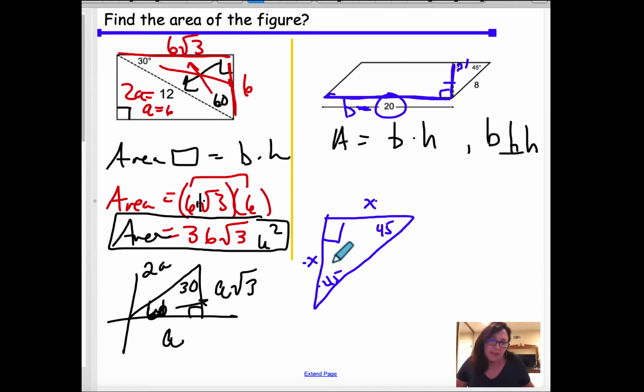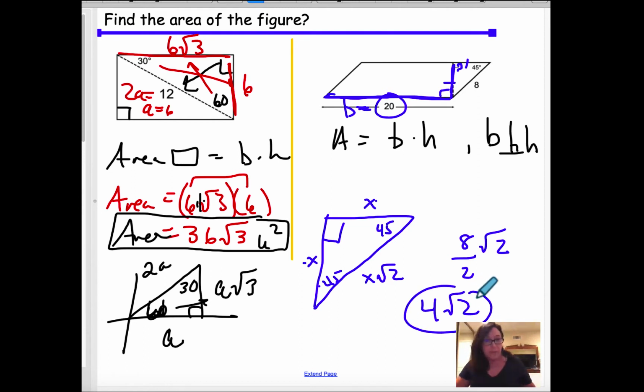So it'd go x, x, and this would go x root 2. Now, if you already knew that this was 8, there is a shortcut method. Remember, we talked about that. 8, you would divide by 2 and then multiply by root 2, which would make this side 4 root 2, which it is.